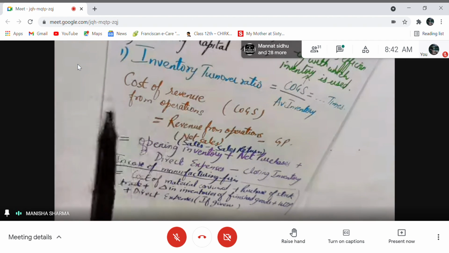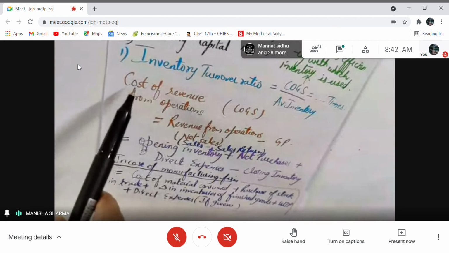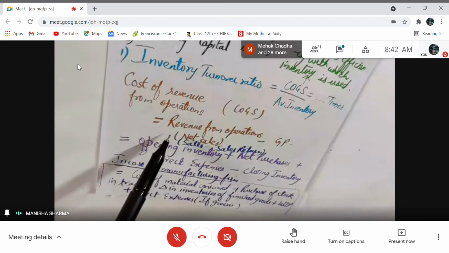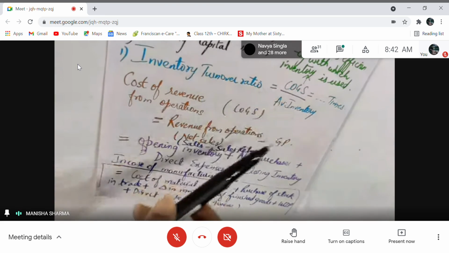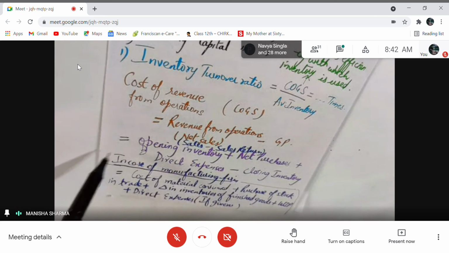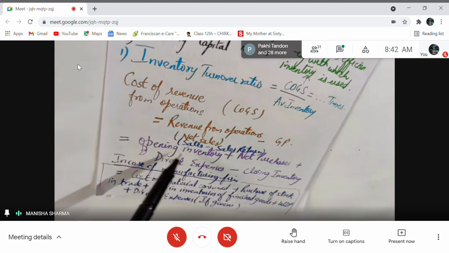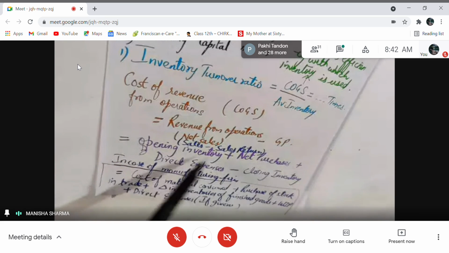The first formula to find cost of goods sold, or cost of revenue from operations, is revenue from operations minus GP, that is, net sales minus GP. Or net sales plus gross loss. The second formula is opening inventory plus net purchases plus direct expenses minus closing inventory.